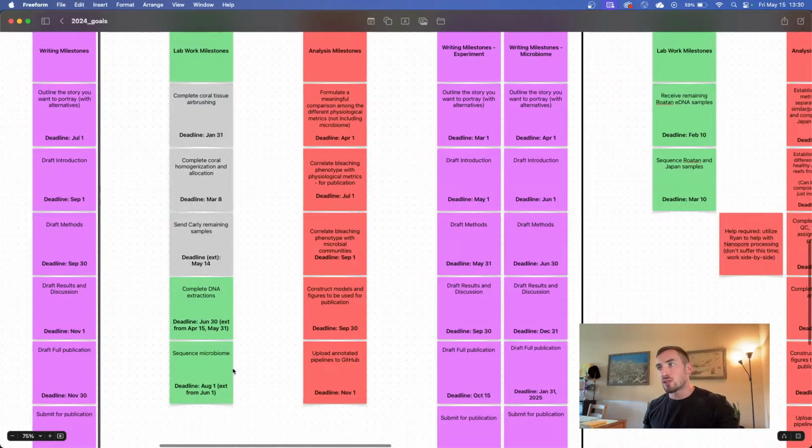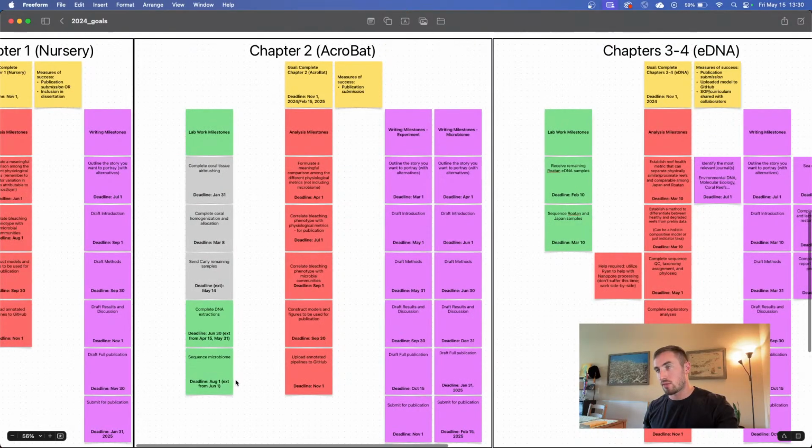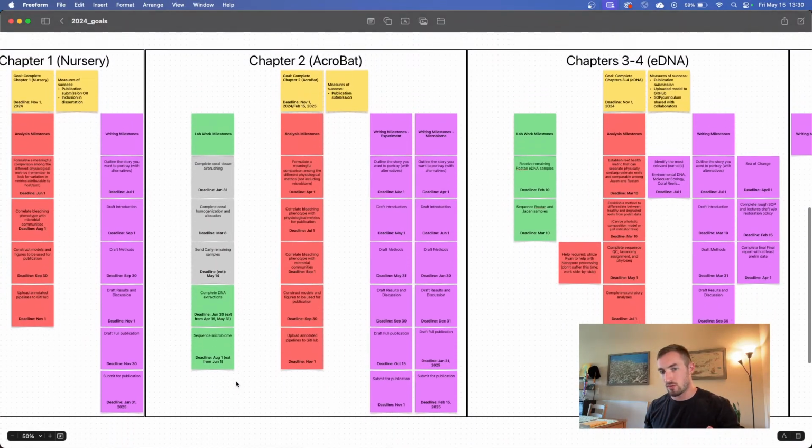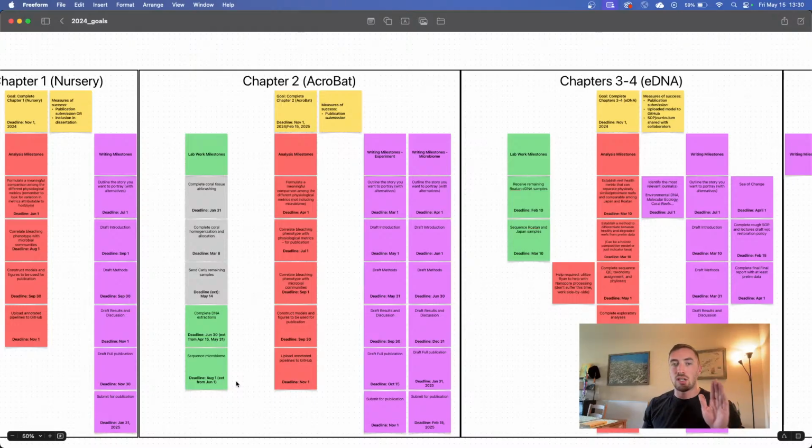So long story short, start with your final deadline, whatever that might be. Even if it's arbitrary, start with the end in mind. List out all of the tasks that you need to do.